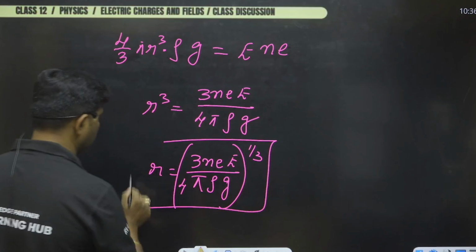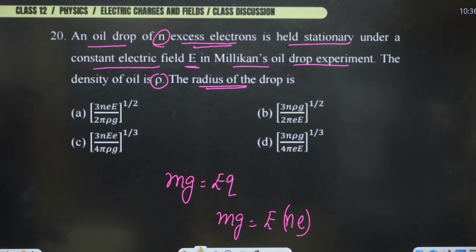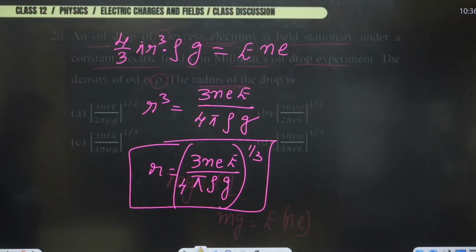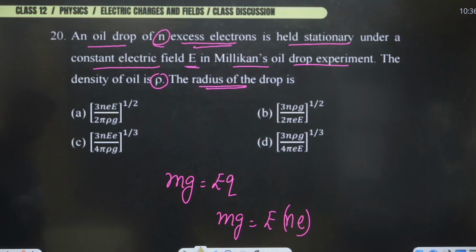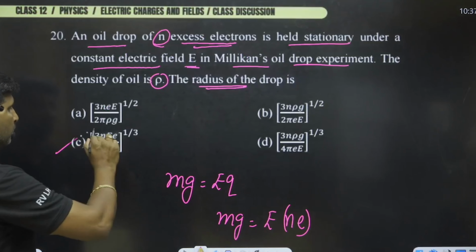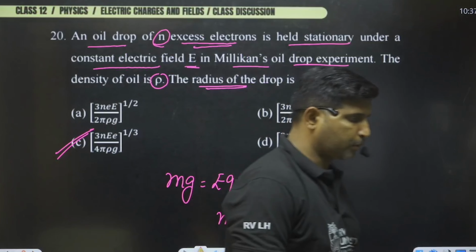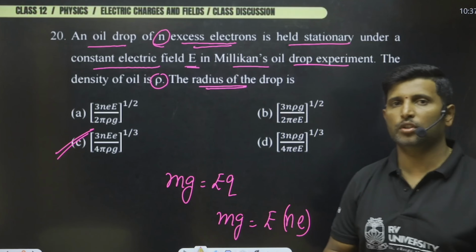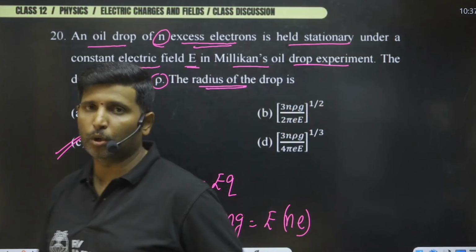We will get it. Is it right? 3 n e capital E divided by 4 pi rho g, whole power 1 by 3. In the sense, we can go with option C as the right answer. I hope it is clear.